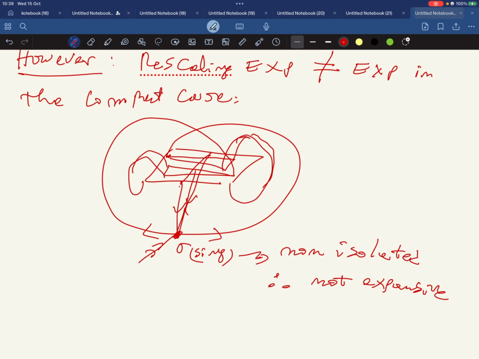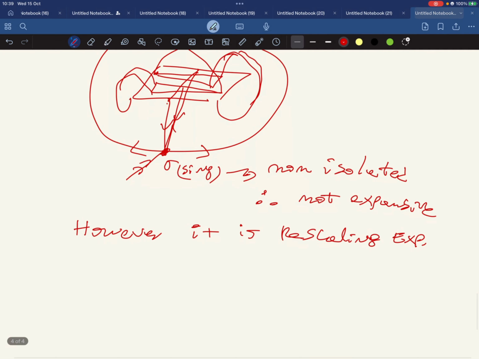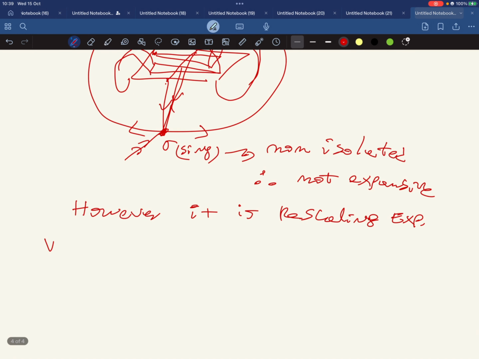However, it is expansive. It is scaling expansive. And this was proved by Wen and Wen, in a Transactions paper, 2018 maybe, where they defined the scaling expansivity differentiable version.